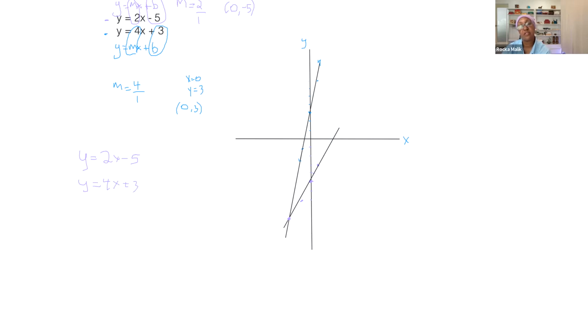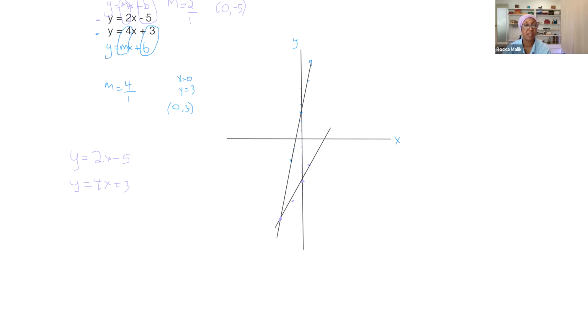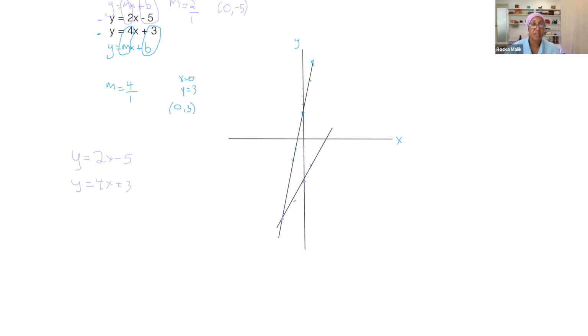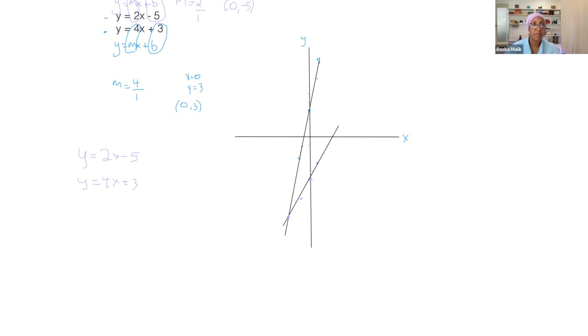I wonder if we can use them just like this. They're not in standard form, but we can change the equations so I can get rid of the y's and see what happens.